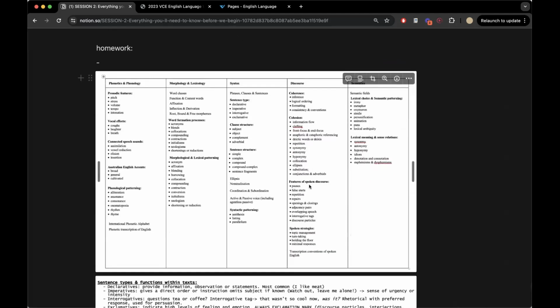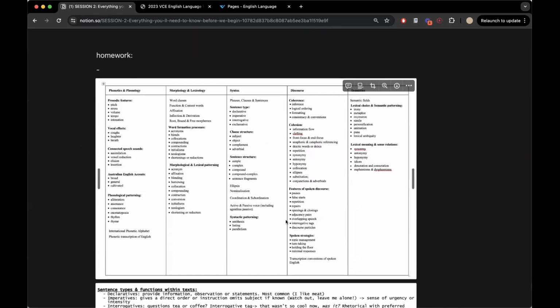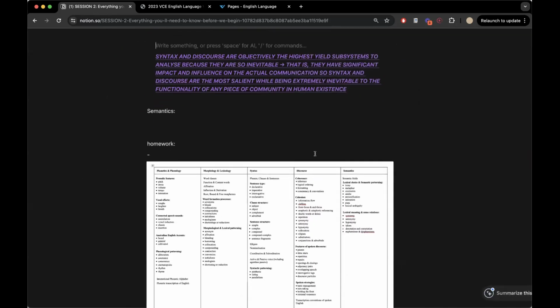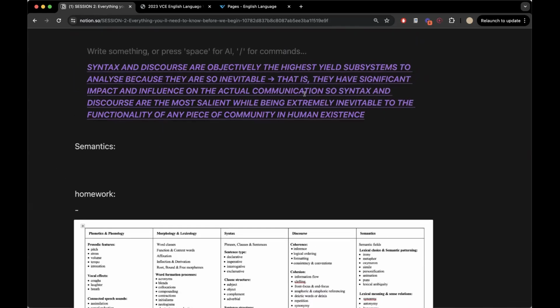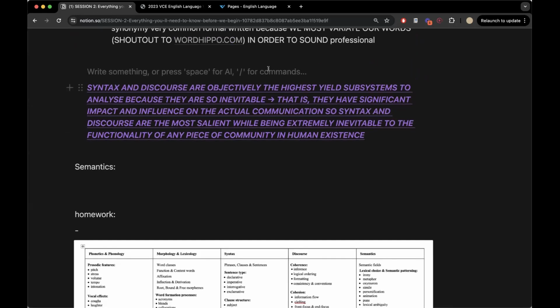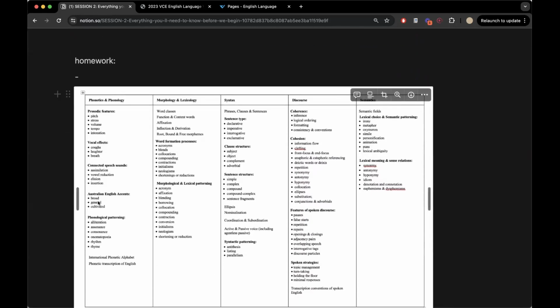Now remember, the goal is to have something like 18 unique metalanguage terms used across 4 to 5 subsystems. I know for a fact that I used 5 in my exam, even though it was written.